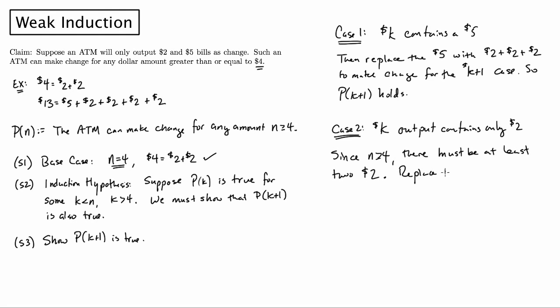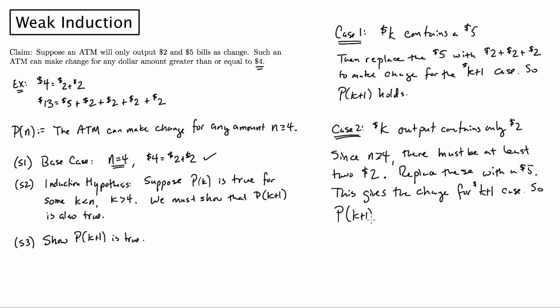Replace these with a $5 bill. This gives the change for the k plus $1 case. So P of k plus 1 holds in that case as well. So therefore, in either case, Pn implies Pn plus 1.